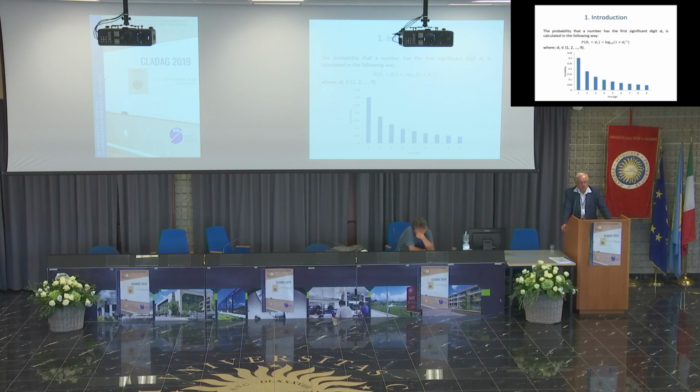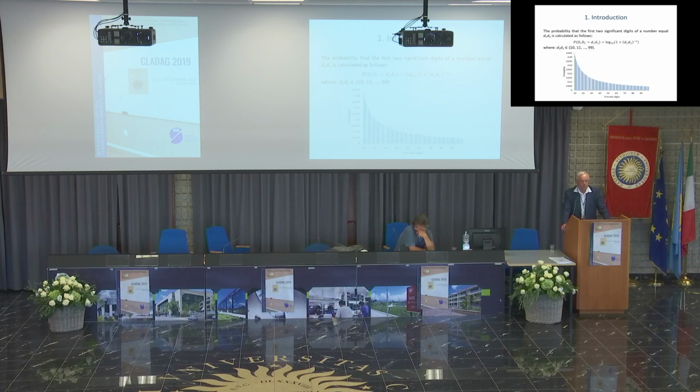And what is the formula for Benford's distribution? The probability of digit d1 appearing in the first significant place is given by the formula, and in the figure you can see that first 1, 2, 3 appear more frequently than other digits.